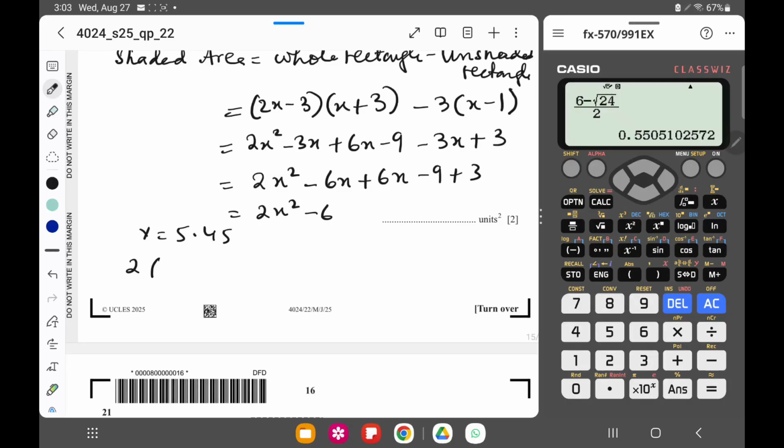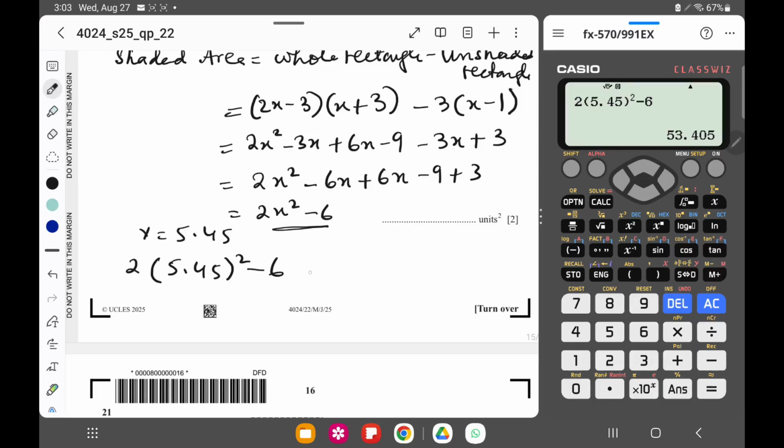So 2 times x square, I'm substituting here, 2 times 5.45 square minus 6. Okay, 2 times 5.45, and then bracket close square, and then minus 6 equals 53.4.